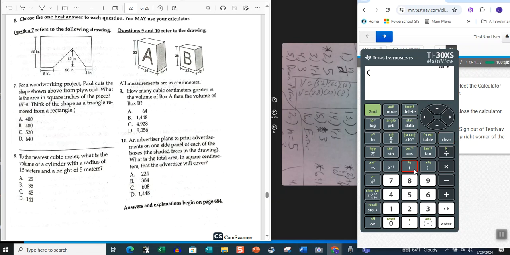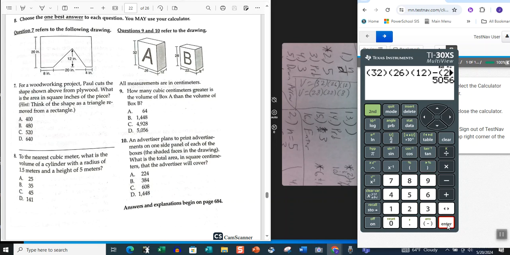So you'll put in parentheses 32, 26, 12, then minus 28, 22, and 8, and press enter.